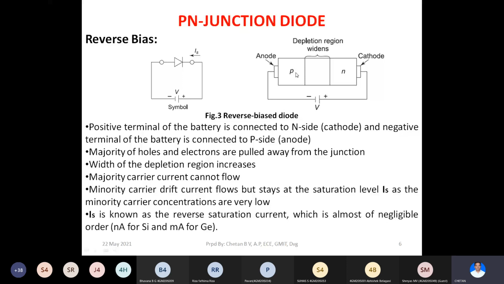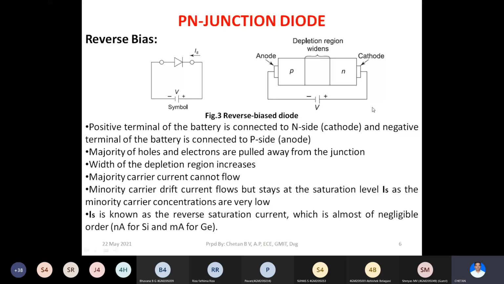When the width of the depletion region is reduced, the external voltage that you apply here will exert more electric field. Due to this stronger electric field, a sufficient number of electrons from P and holes from N will cross this junction and a huge current will flow. This effect is called the Zener effect, and it is different from the avalanche effect.